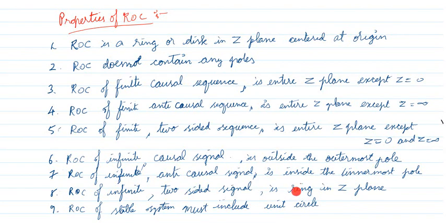We'll look at the ninth. Let me represent the system using Z transform. H of Z is the system in Z transform. We have 4 Z by Z minus 0.2 and Z minus 0.3.